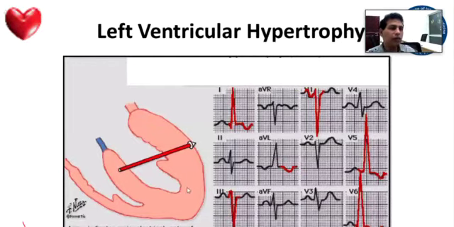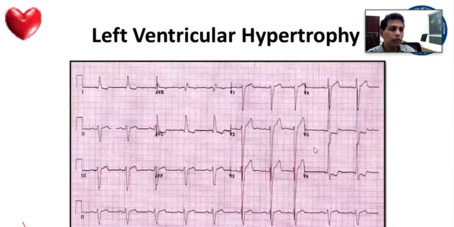But this is how you diagnose LVH: finding tall but slightly widened R waves in V5 and V6, and also deep S waves in V1 or V2. Now this is a real ECG of an LVH. You see tall R waves in V5 and V6, and also deep S waves in V1 and V2, and here in V3 as well.